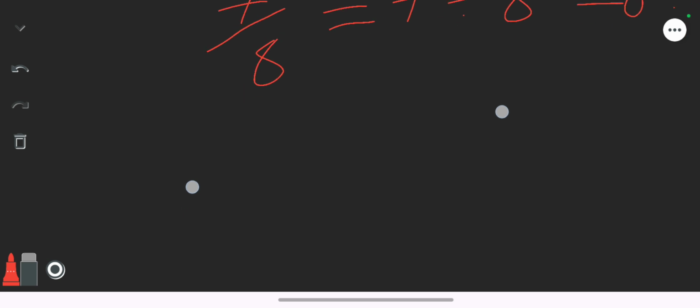Now let's move on to the next, which is converting a decimal to a percentage.